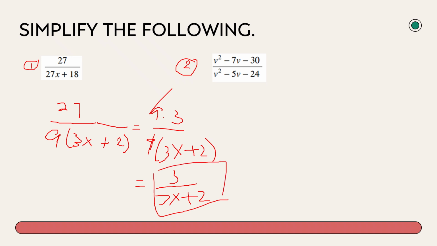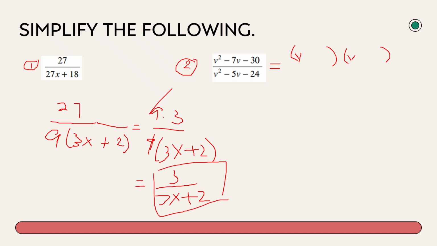Okay, next, let's try number 2. Now, let's factor this out. 7. So we need to close and open parenthesis here. So for b, we know for v squared, we have v and another v.